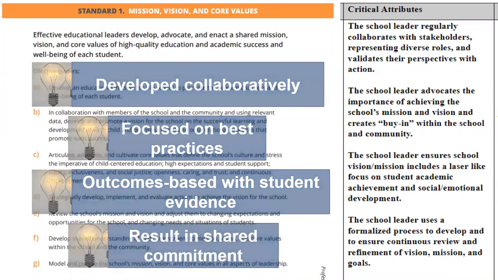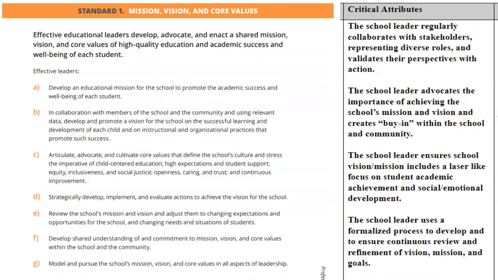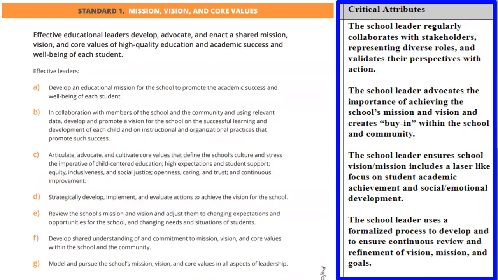Notice A through G. These elements provide guidance of independent actions one would engage in order to meet the intent of the overarching standard. After reviewing the extensive list of elements, the Kentucky team worked to create critical attributes that serve all of the elements for each standard and for each performance level.